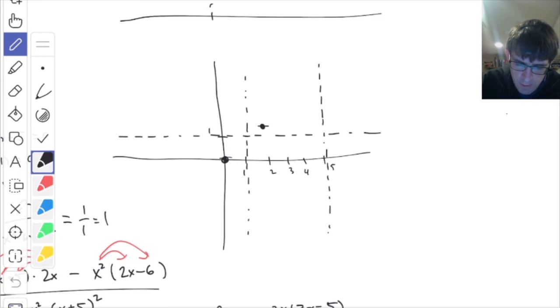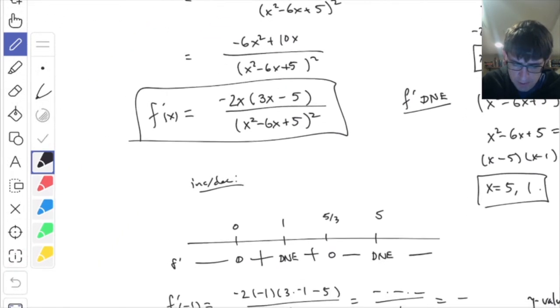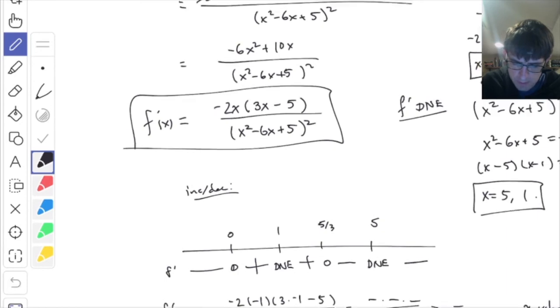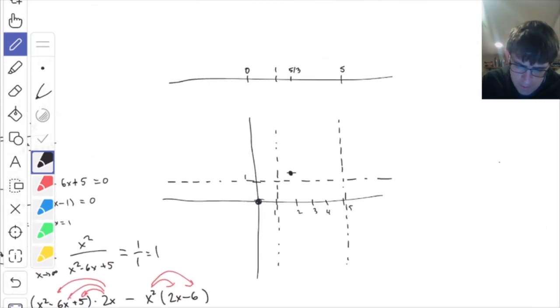We had 0, 1, 5/3, and then 5 were our special numbers. And I believe, I don't remember, minus, plus, plus, minus, minus. All right. Minus, plus, plus, minus, minus. Okay? So let's see if we can fill in the curves appropriately.